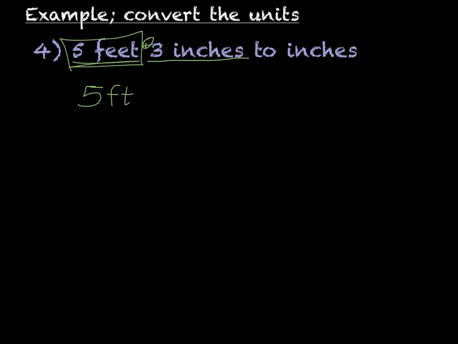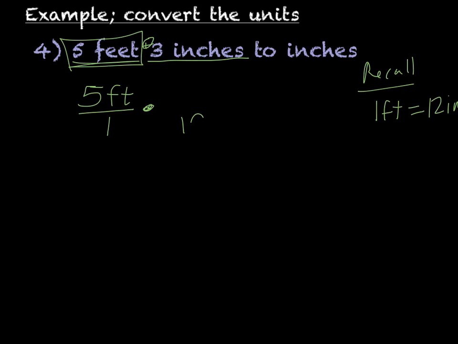So you should remember from previous classes that 1 foot equals 12 inches. So we're going to make that into a ratio, and we're going to multiply by putting the feet part on the bottom of the ratio.